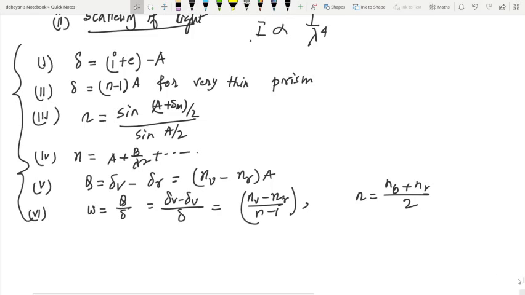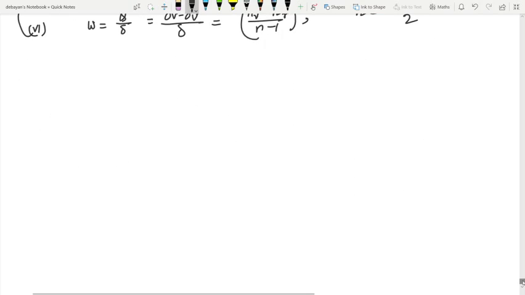Just try to find it. The first problem, say you have to find the limiting angle.